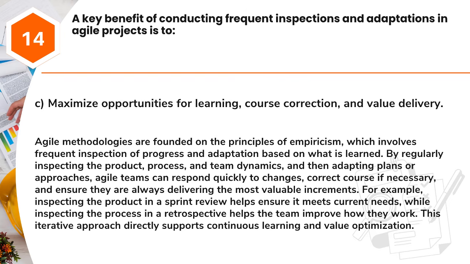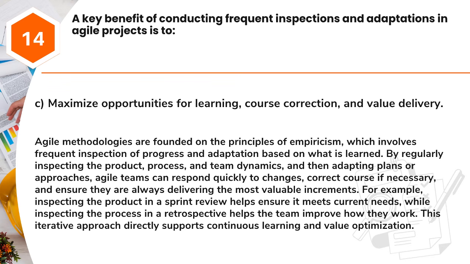Answer: C. Maximize opportunities for learning, course correction, and value delivery. Agile methodologies are founded on the principles of empiricism, which involves frequent inspection of progress and adaptation based on what is learned.